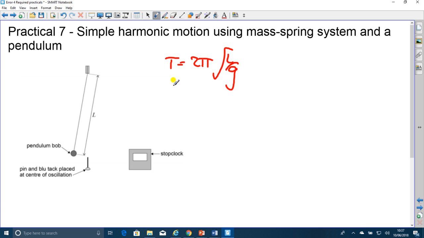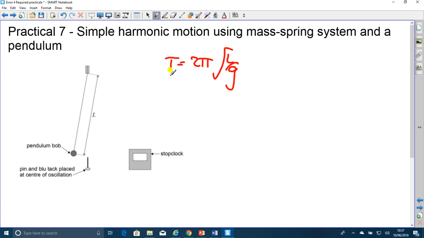To minimise the impact of that error, we would time for multiple oscillations. The human error, which might be 0.1 seconds, if we time this for 20 oscillations, becomes less significant, because when we divide the total time by 10 or 20, however many oscillations we do, we're reducing the uncertainty by the same amount.